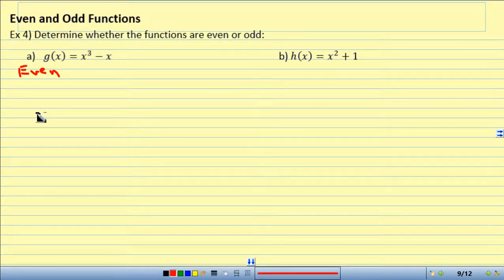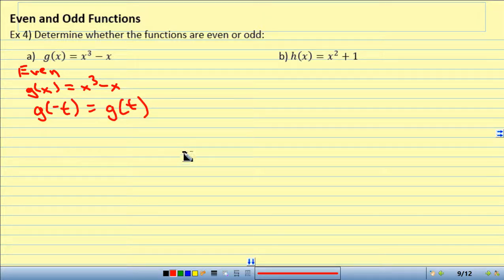So I have g of x is equal to x cubed minus x. I'm just rewriting it. I always do that. For an even function, I need to see if g of -t is equal to g of t.